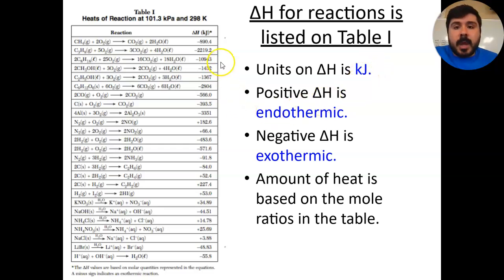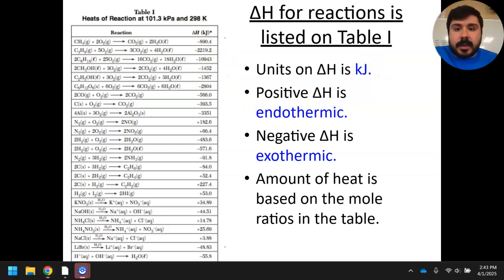Now, I'm going to look at a couple of these measurements specifically. Here's one, for example. This is a delta H value with a unit of kilojoules, where the delta H value is negative. In this case, the negative delta H means this type of reaction is exothermic.